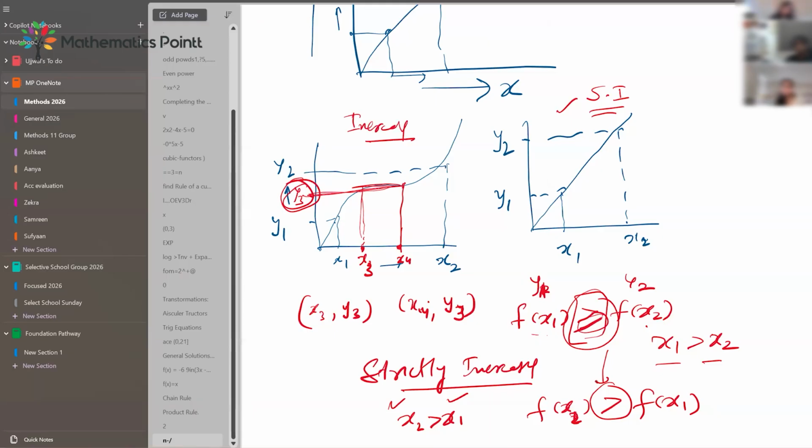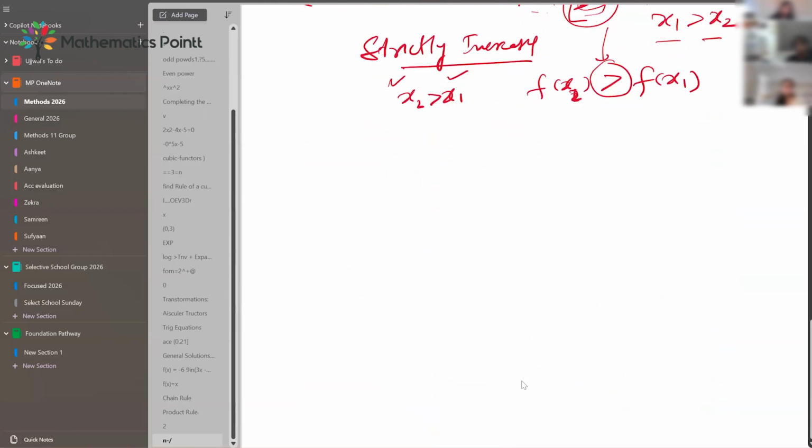Does that make sense? Right? What is a strictly increasing function and what is an increasing function? And similarly, the concept is applied to decreasing.